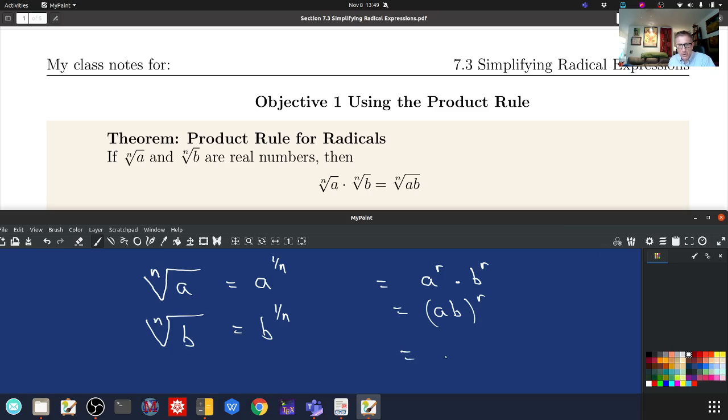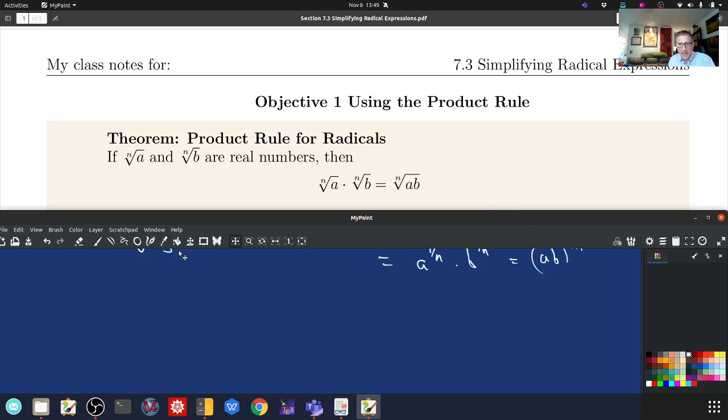So a to the 1 over n times b to the 1 over n is equal to a times b to the 1 over n, which we can simply write as the nth root of ab.